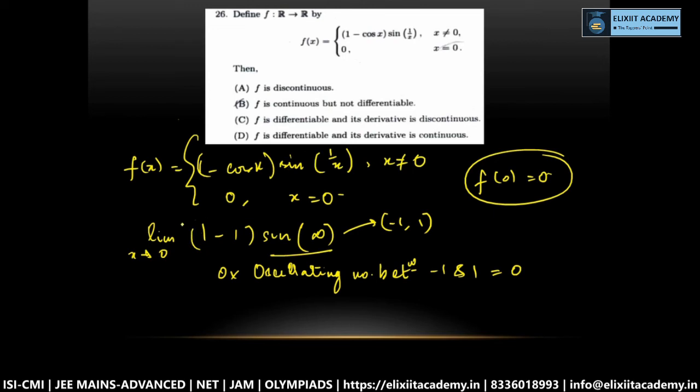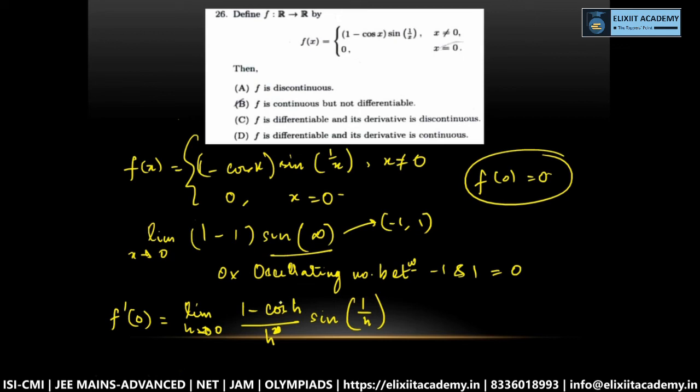But is this differentiable? We can simply find it. What is f prime 0? F prime 0 is limit h tends to 0 of (1 minus cos h) divided by h square, sorry, 1 minus cos h divided by h, into sine 1 upon h.